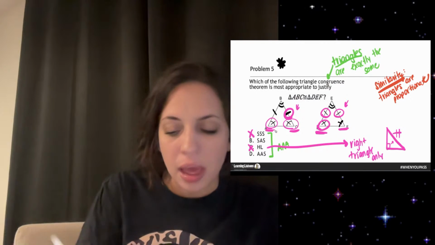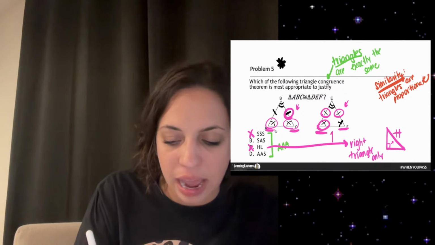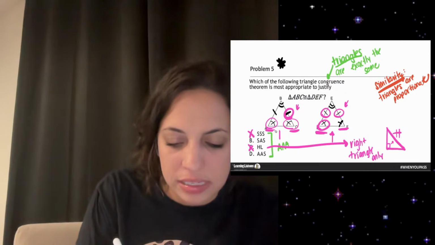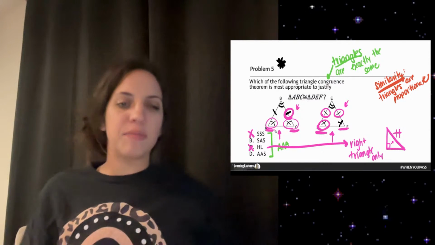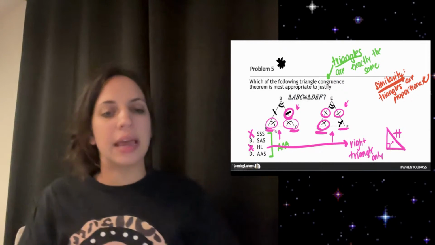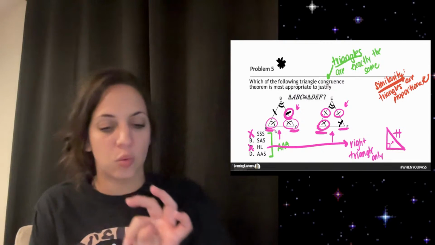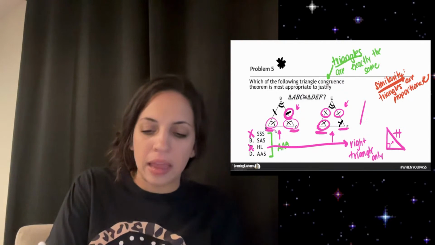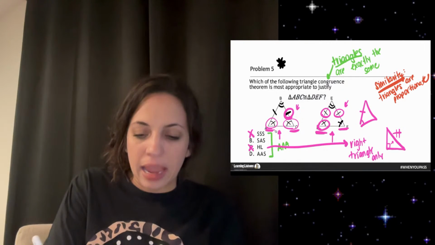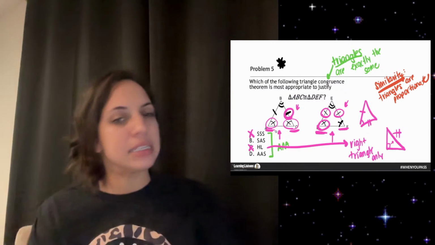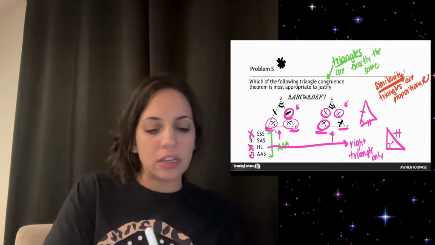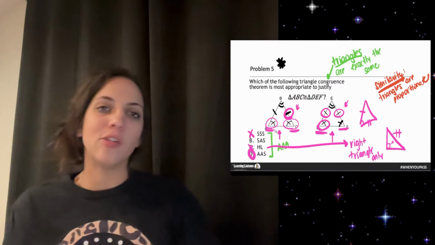It could, but I don't have this side right here or this side right here. So they really didn't give me two sides. And when you do side, angle, side, it has to be sandwiched. It has to be like side, angle, side. And they didn't sandwich that for us. So it is going to be angle, angle, side.